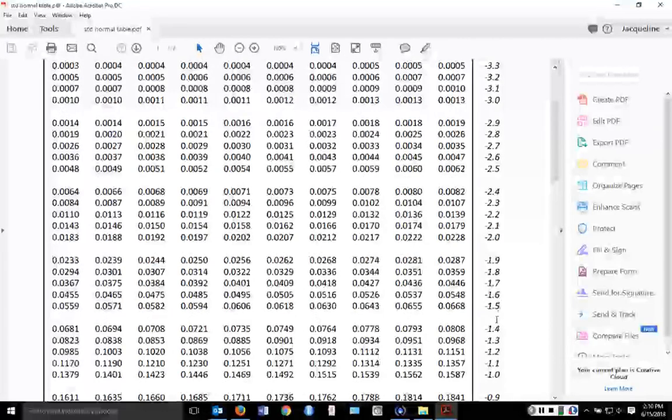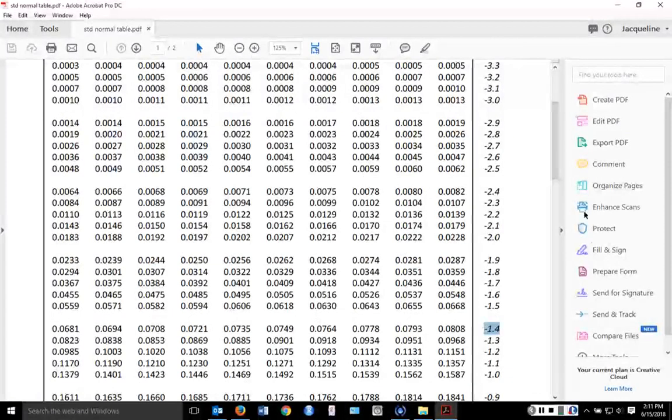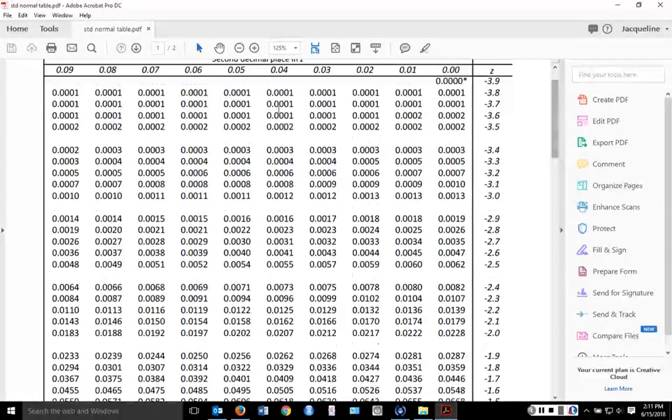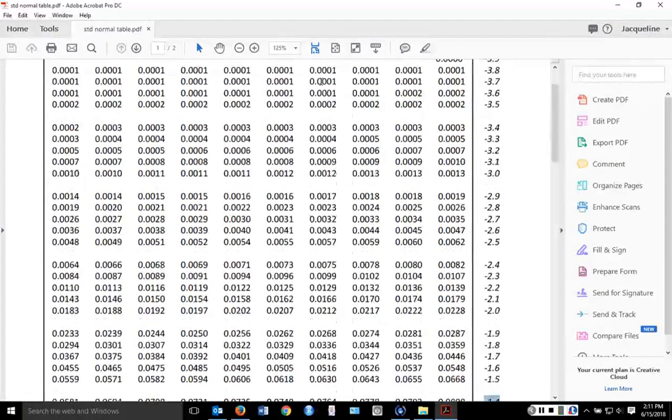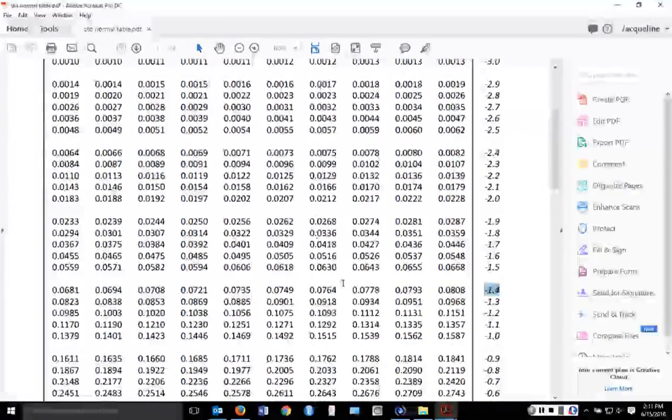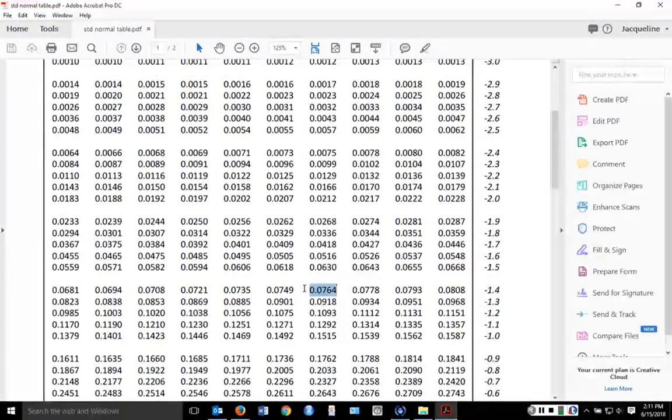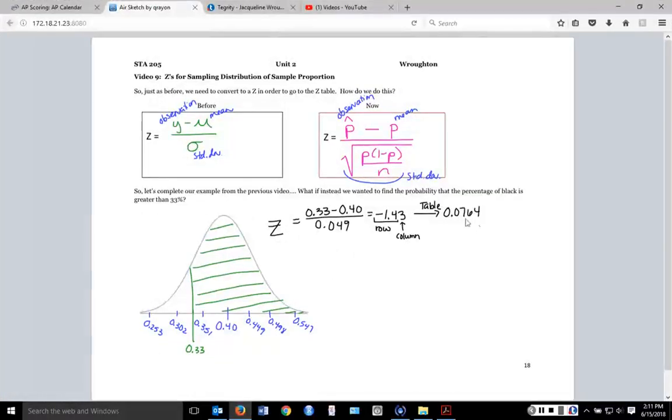And I'm looking for negative 1.4, which is there. And then I want that 3 column and find out where those match up. That gives me 0.0764. So that's what I get when I went to the table.